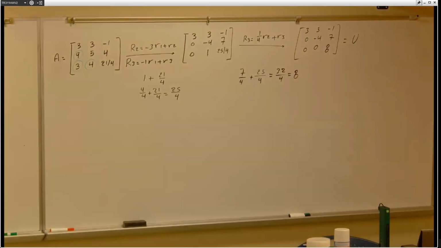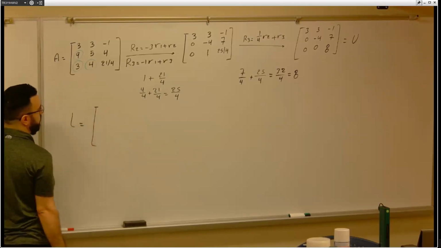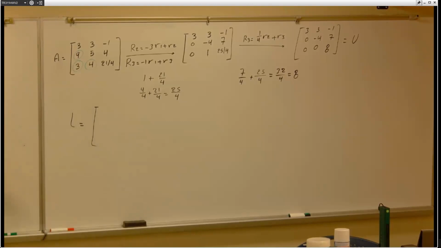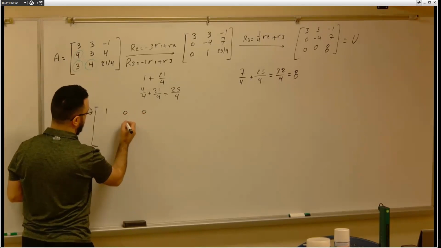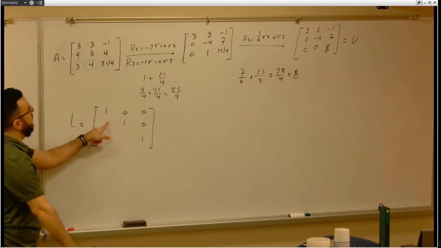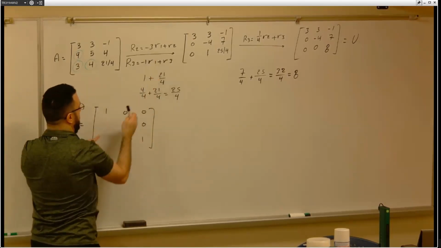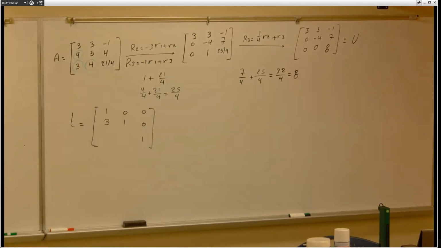Okay? Can we write down the L? When I'm writing down the L, the lower triangular matrix, I'm going to write 1, 0, 0, 1, 0, and 1. The first number, -3: what I'm going to write down here is 3.